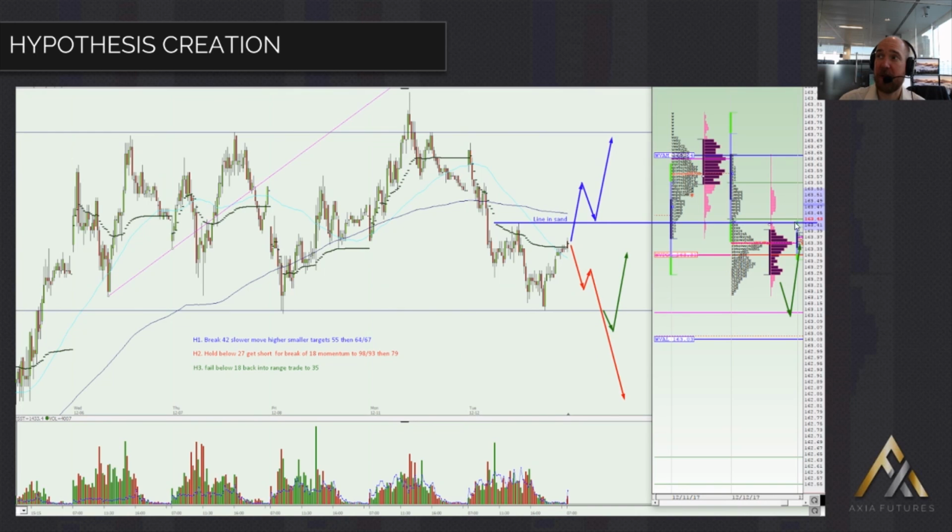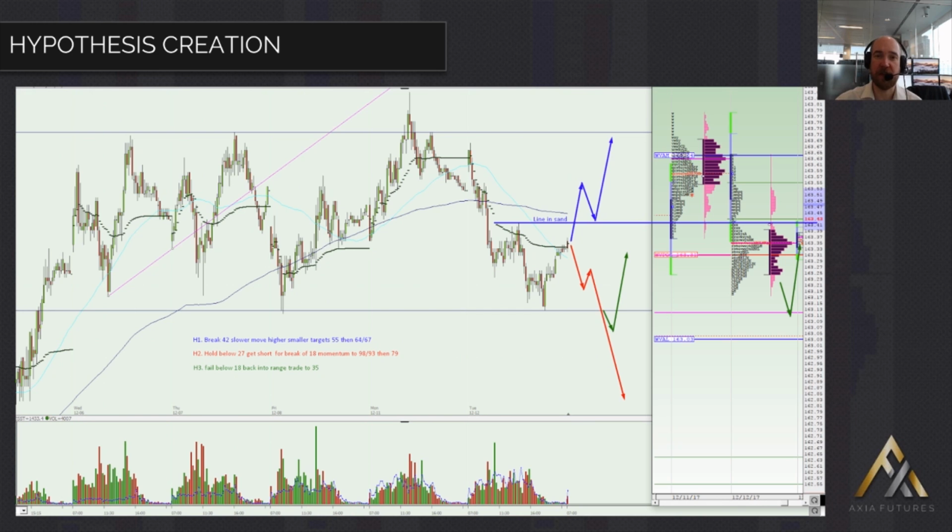If that can't then break back below 42s, then I think you can start moving up and complete the move right the way back up to this selling tail. So that's your first hypothesis. I'm expecting it to be a bit more of a slow trade, one that you're going to have to take your time about and react to small areas.